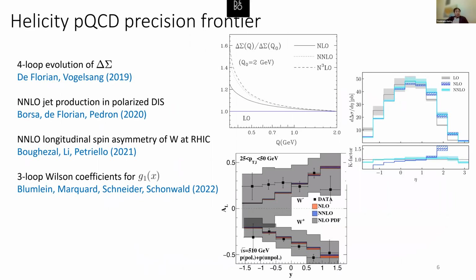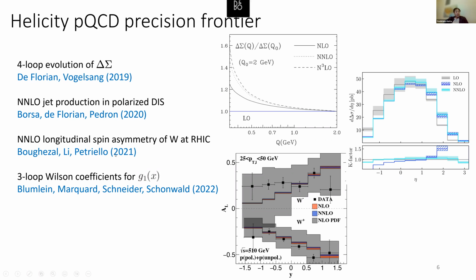Right, so in terms of this helicity distribution, there's been very great progress in the last couple of years in terms of precision. So here I show a couple of examples. There is this full loop evolution of delta sigma, by De Florian and Vogelsang, in the upper left plot. And there is next-to-leading order jet production in polarized DIS in order to access the gluon helicity, which I talk about next.